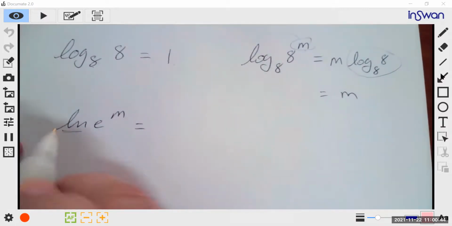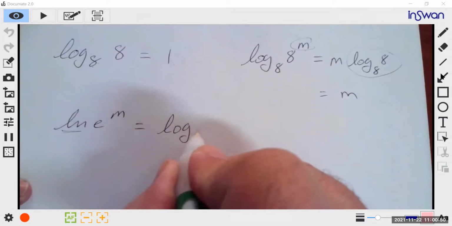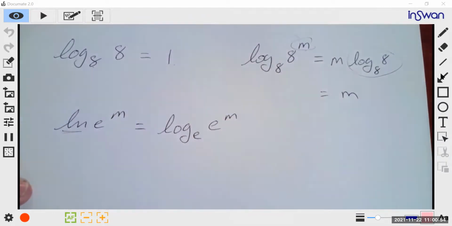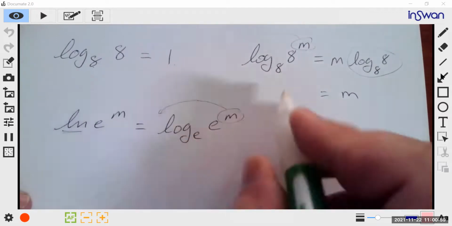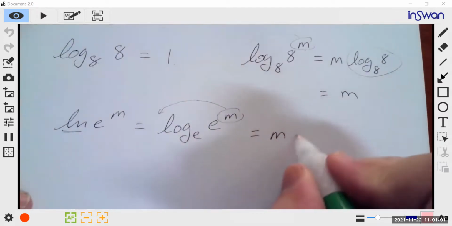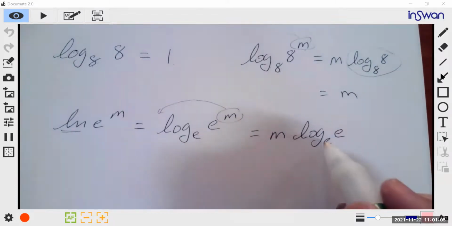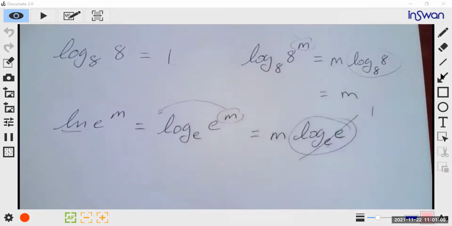So what does ln stand for? Which is what? Log base E. You can't have an exponent, so that goes in front. If the base and this number are the same, that equals 1.